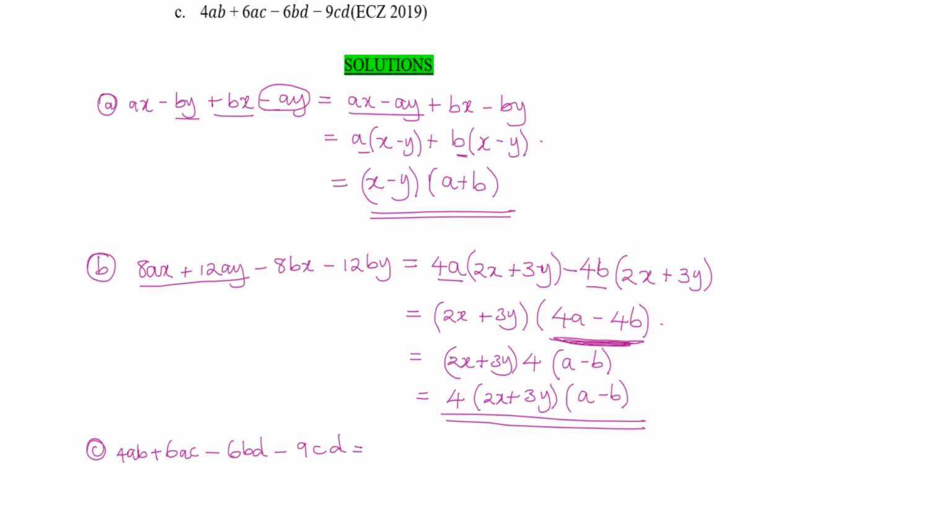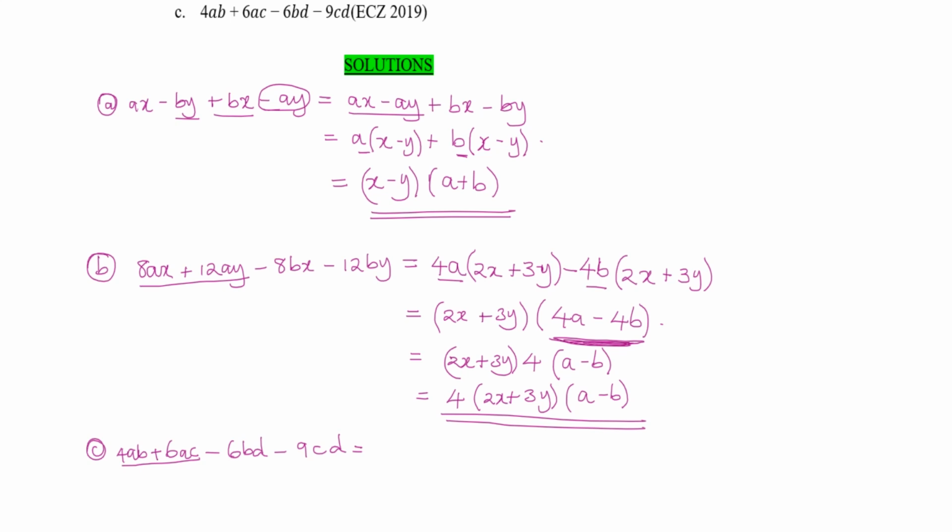Okay, so even this one, there is no need to rearrange the terms, but you can just factorize the first part.